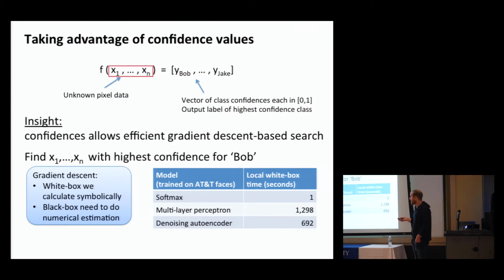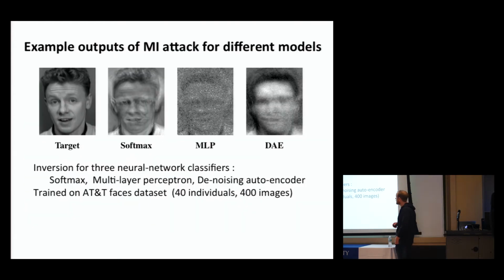The softmax is so fast, though, and the number of queries would be low enough that I think you could do it black box over the network, but we haven't actually done the implementation. For the other ones, it seems it would be prohibitive right now because they're more complicated and it would take a lot more queries. But anyway, it's fast in the white box setting when you have access to the model locally and can do symbolic calculations.